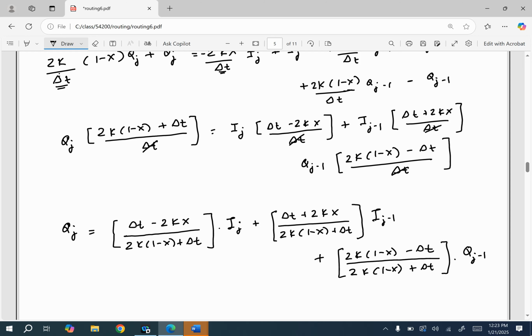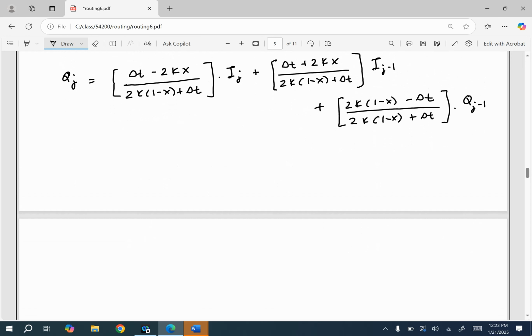Okay, so now similar to what we did for linear reservoir, I can replace those expressions with C1, C2 and C3. So Qj is equal to C1 times Ij plus C2 times Ij minus 1 plus C3 times Qj minus 1.